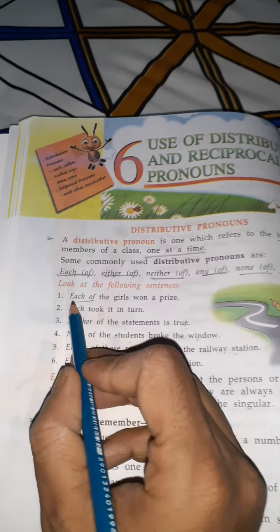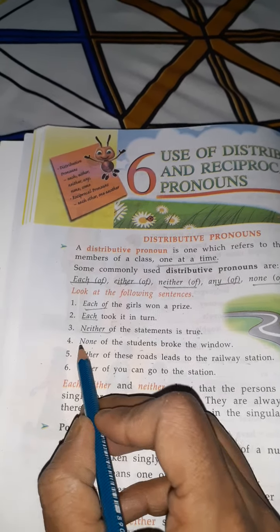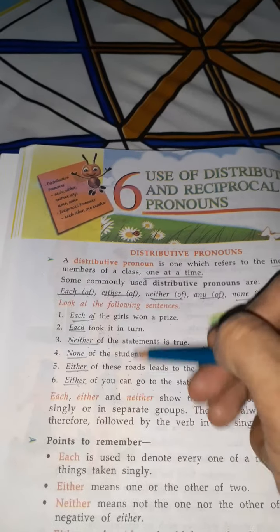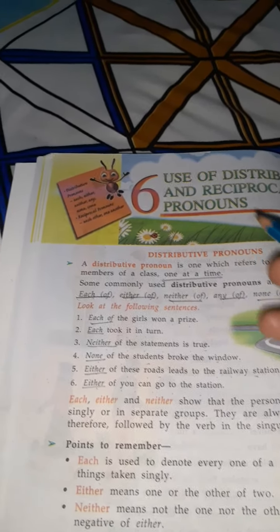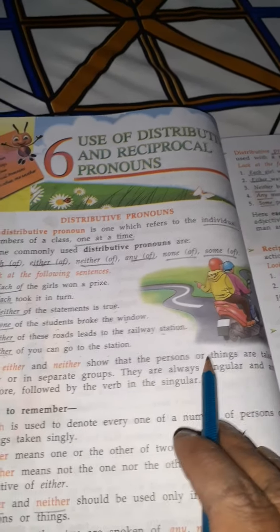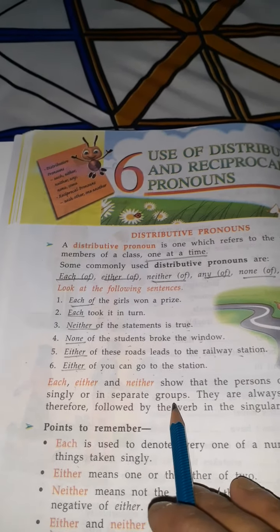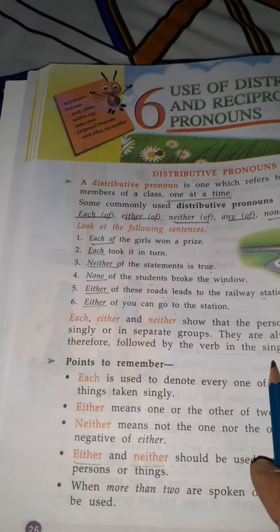See the words each of, each, neither, none, either. These are all distributive pronouns. Here, each, either, neither show that the persons or things are taken singly or in separate groups. They are always singular and are therefore followed by a verb in the singular.